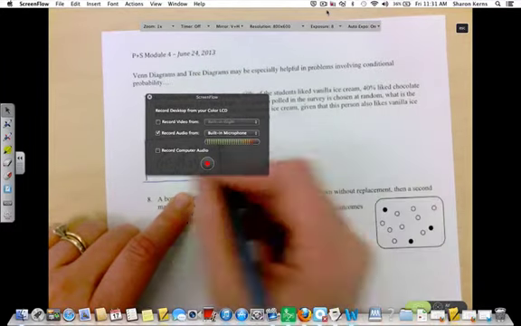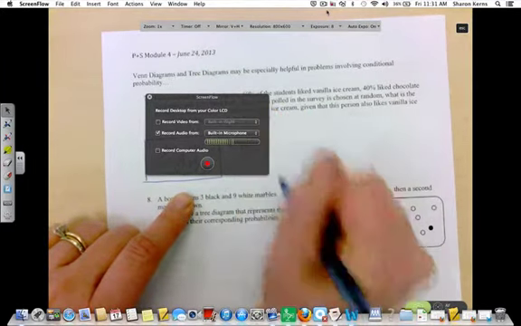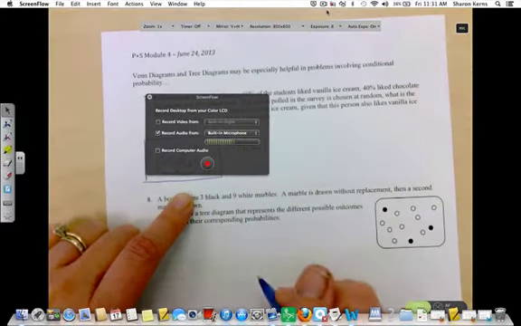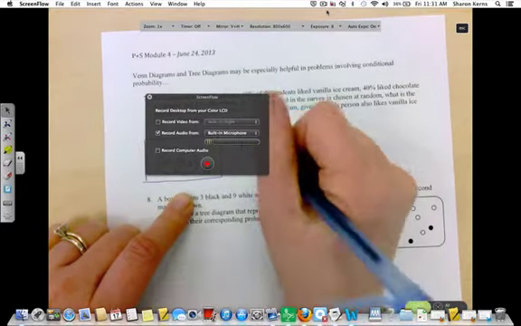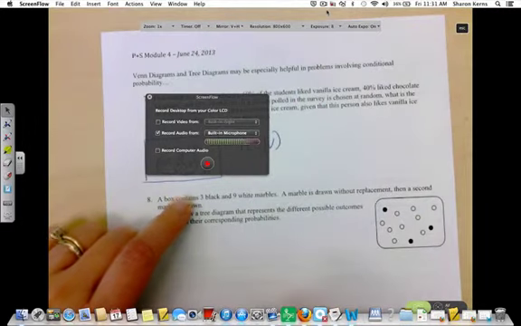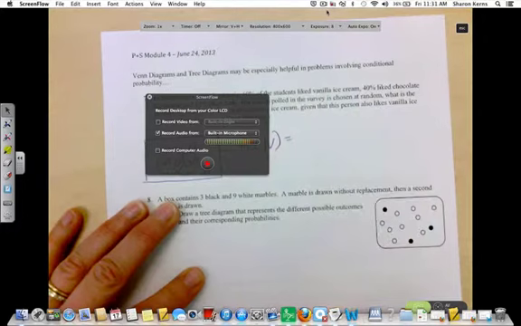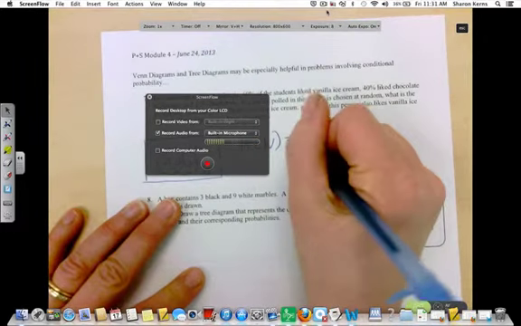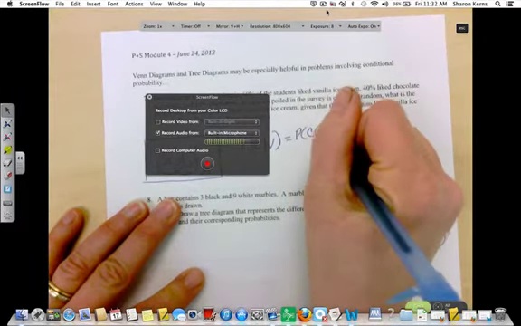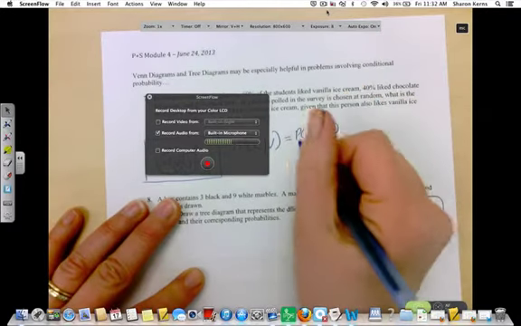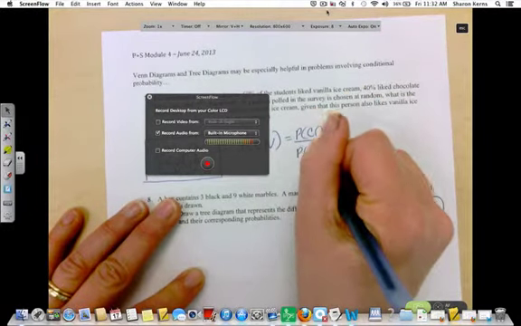Okay, so what's the probability that this person liked chocolate, given that this person also likes vanilla? I can use my rule for calculating conditional probability, which means the probability of chocolate and vanilla, that they like both, given that they like vanilla.